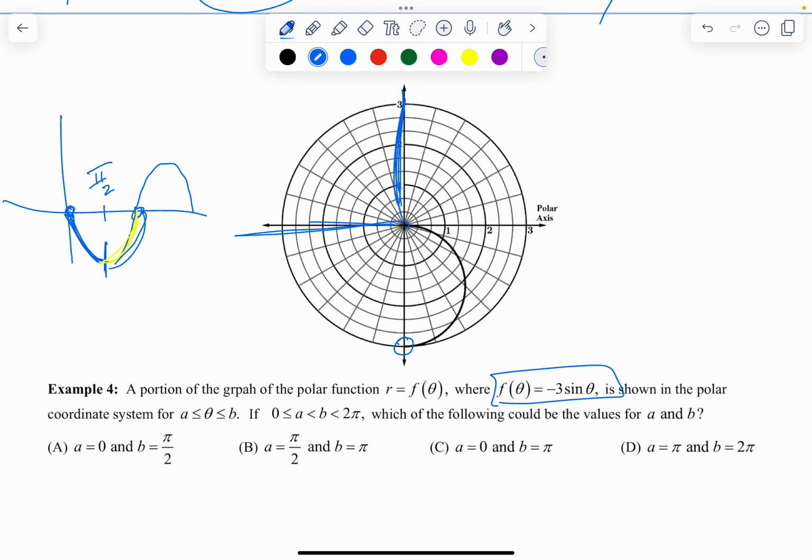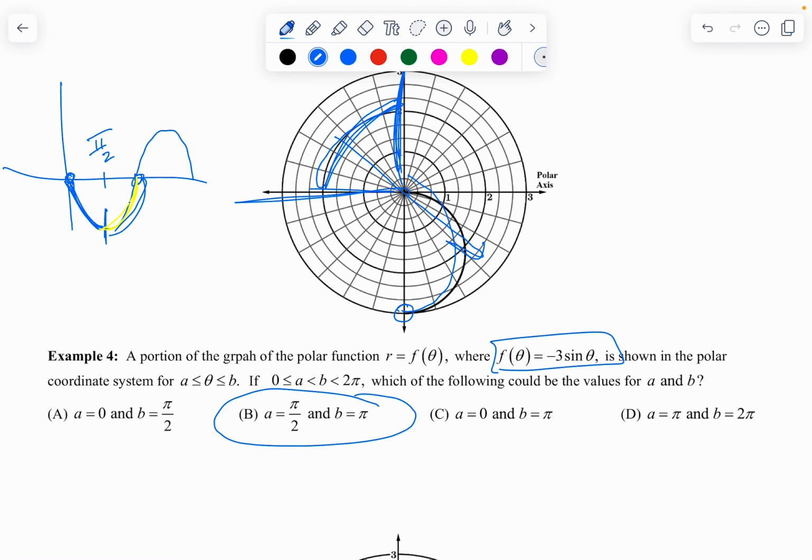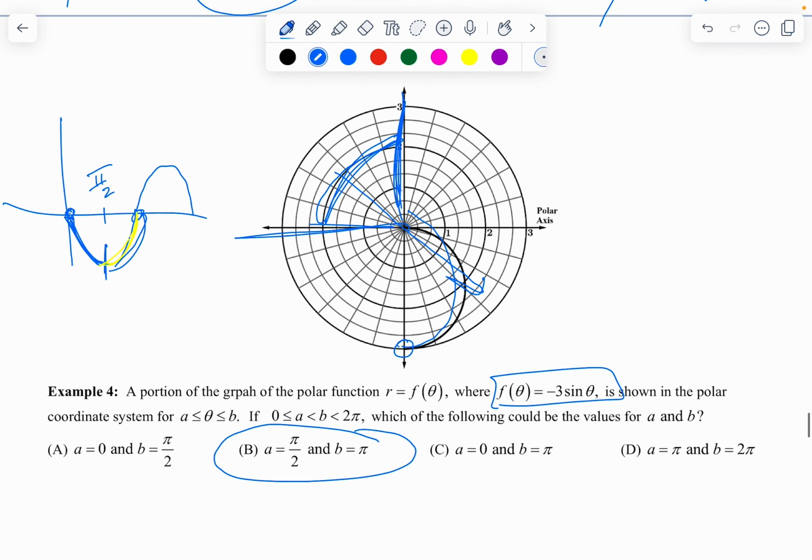If they had been in quadrant 2 where they belong, well, they're not, but they're negative, so they should be across the way, and coming back closer to the pole. So it appears that we want to go from pi over 2 to pi. That is the correct answer, I'm pretty sure.